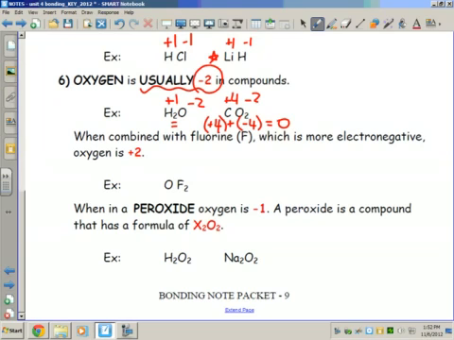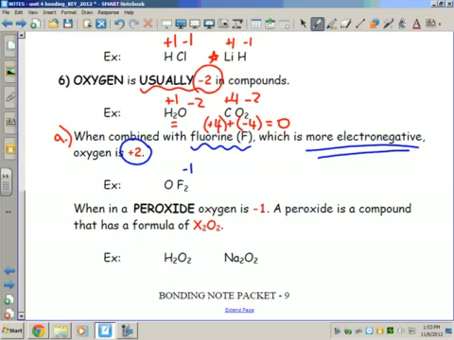One of the exceptions for oxygen, we'll call it A, is when it's combined with fluorine. We said that fluorine is the only other element on the periodic table that's more electronegative, which means it has a greater desire for electrons. In this case, the oxygen is going to be a +2. It forms a compound OF2, oxygen difluoride. Since fluorine has a rule with no exceptions, we start with that.